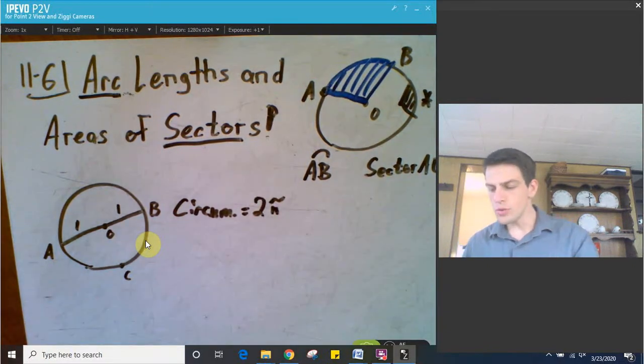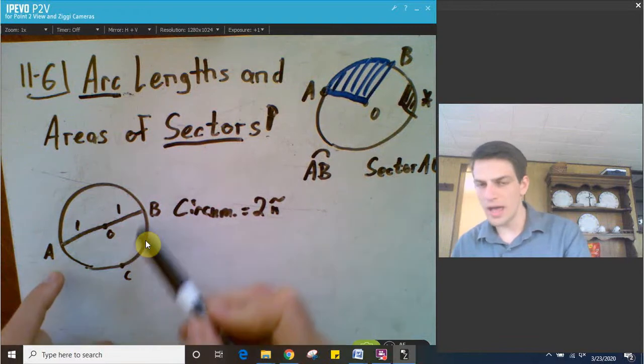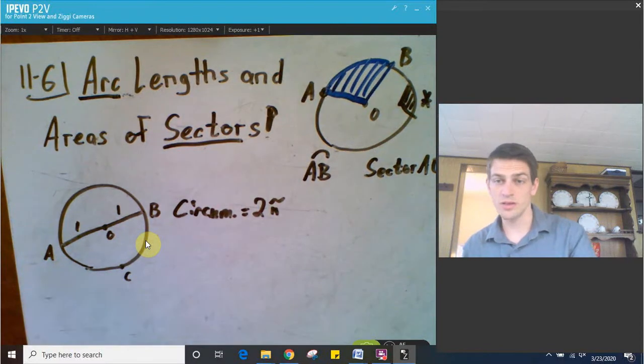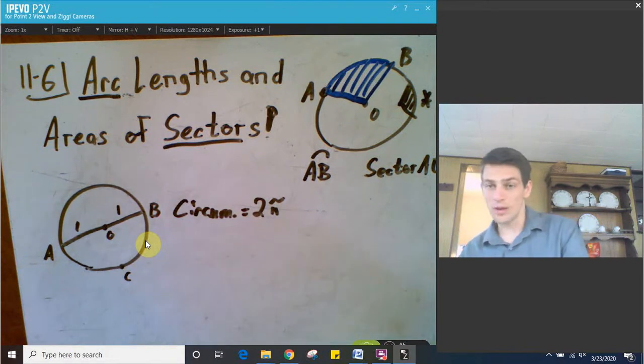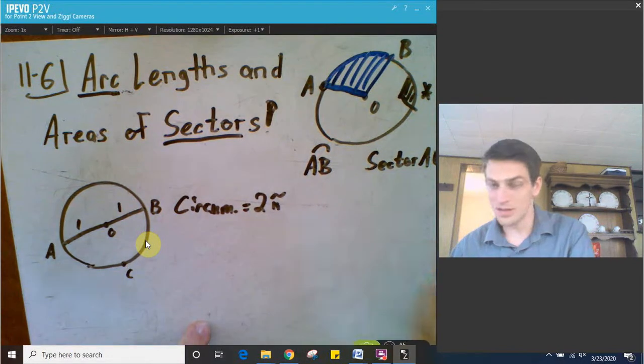Now, I know that this arc is 1/2 of the whole circumference, and so this is just kind of hypothesizing right now. Let's assume that it is going to be 1/2, and we will find out that it is later.